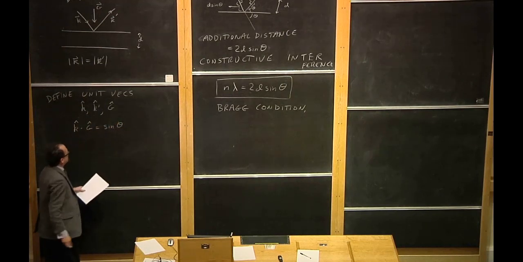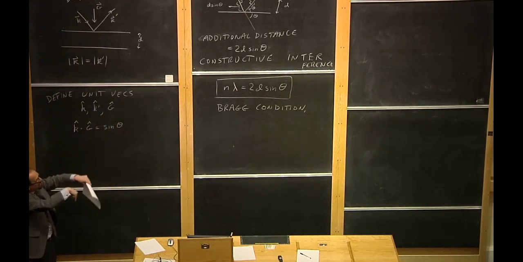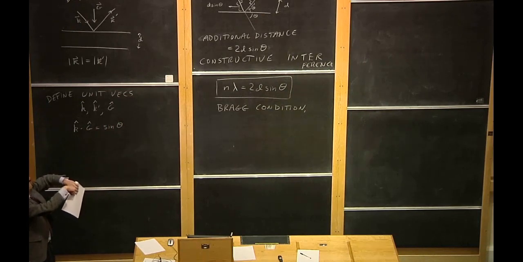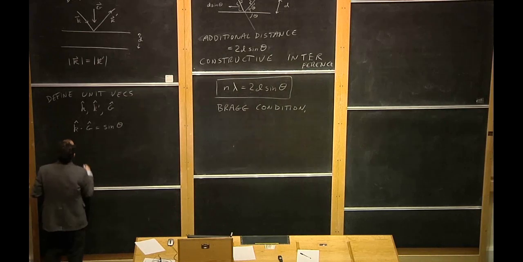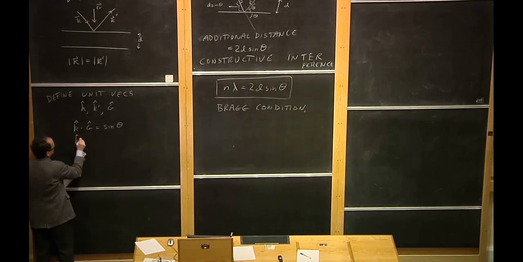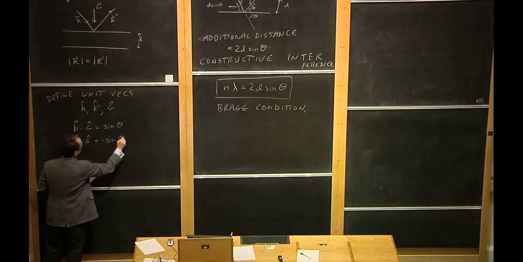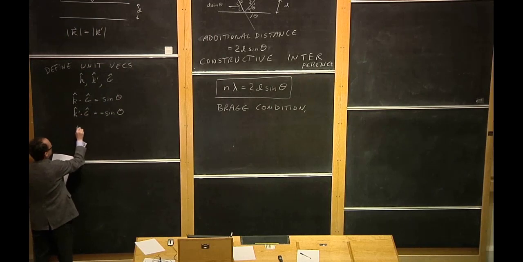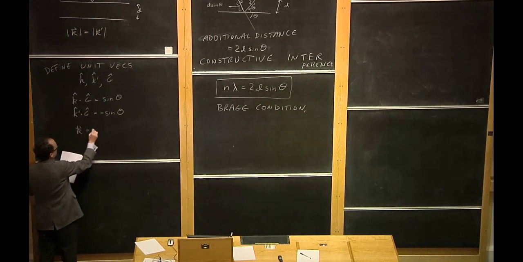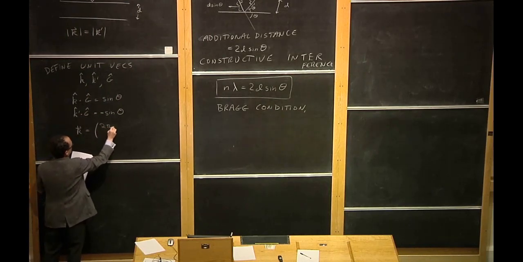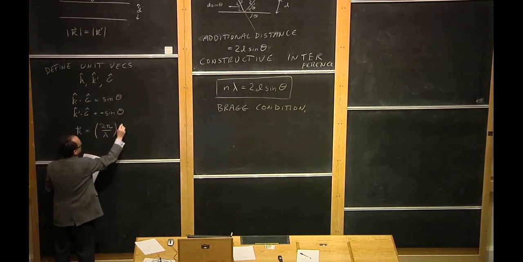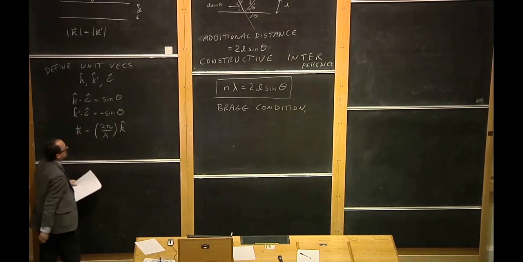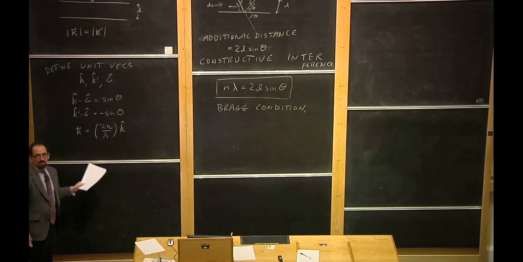Just take a second, make sure you're convinced of that. If k hat and g hat were pointing in the same direction, then k hat dot g hat would be 1. Sine theta would also be 1 in that case. Whereas k prime hat, which is going in the opposite direction, dot g hat is minus sine theta. And we're also going to need that the k vector we can write as the magnitude of k, which is 2 pi over lambda, with lambda the wavelength, times k hat. Everyone happy with this so far?